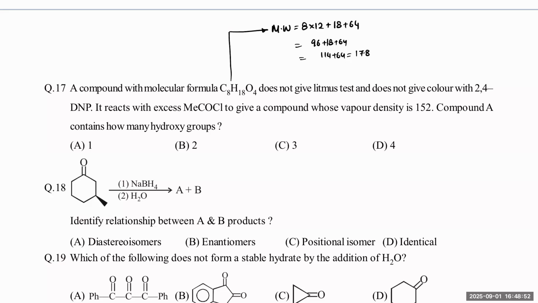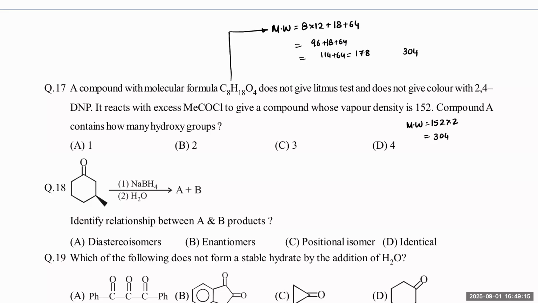Clear? So this is the molar mass which we have. Now, if the vapor density is this much, then the molecular weight of this final compound will be vapor density times 2. That gives us 304, so this is 304 molar mass.